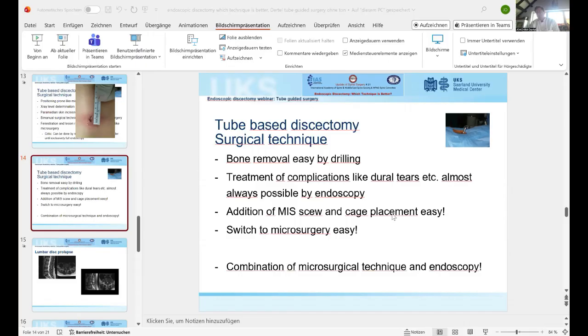Let's see, L3 to L5 with 6 screws through a skin incision of about 2.8 centimeters now. Single skin incision, and then we do one side after the other. So this is a big advantage with the tube-based system because you can apply huge cages and screws on both sides through this one skin incision. Switch to microsurgery is easy. So if you have to, you can just switch, and I will give you the data on how often we did the switching.